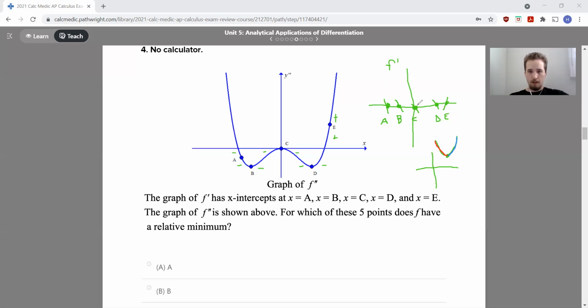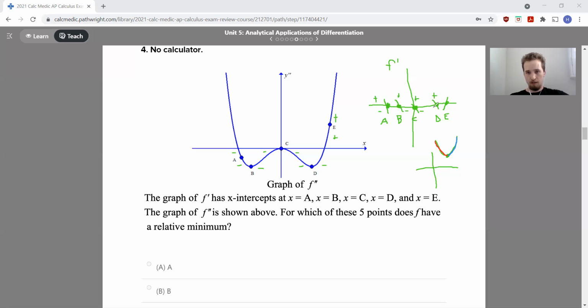So if I were to look at each of these points, now we're looking at whether the slopes are positive or negative on this graph. Well, this starts out positive and turns negative. This starts out positive, turns negative, right? And we want something that starts off negative and turns positive. This also starts out positive, because above the x-axis, turns negative.